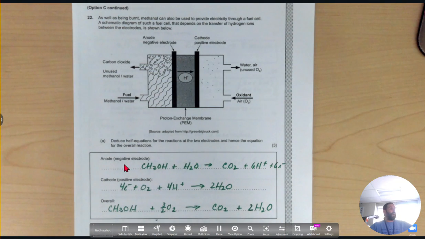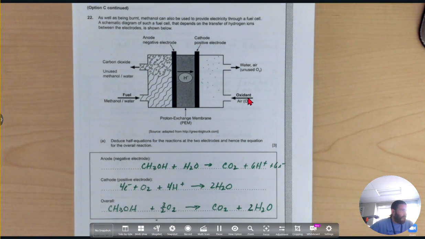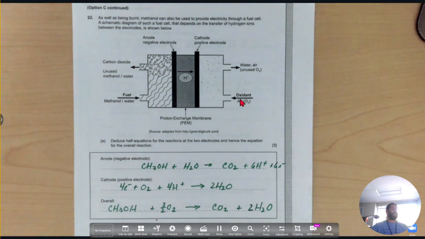So the oxidation half equation is methanol plus the water making the carbon dioxide that forms, and when we balance, I have 6 hydrogens over here, so I have to balance with 6 hydrogen ions and ultimately 6 electrons. Now at the cathode, we see that the reactant, the oxidant, the thing that is going to be reduced is air, and it's the oxygen in the air that's reactive, not the nitrogen.